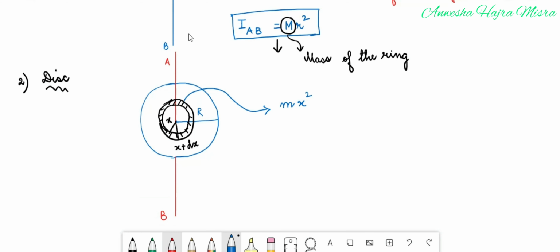Now how do we get the mass of this ring? Say, for unit area, we consider the mass as small m. Now what is the area of this strip?